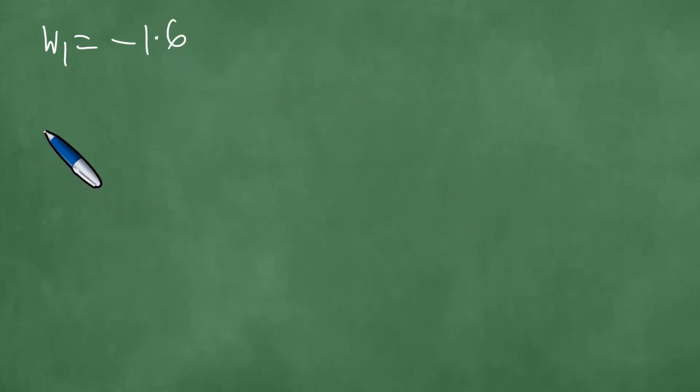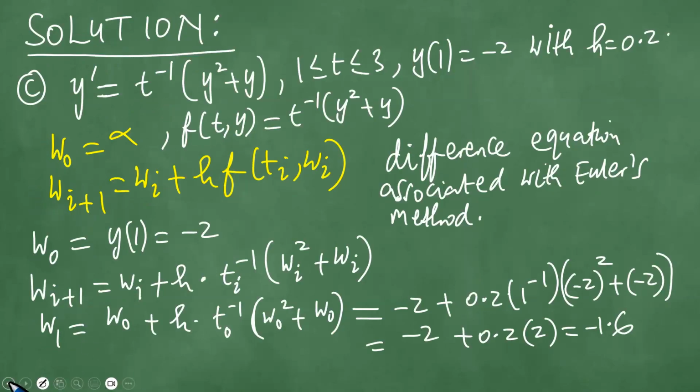If W1 is minus 1.6, we must compute W2 according to this formula.